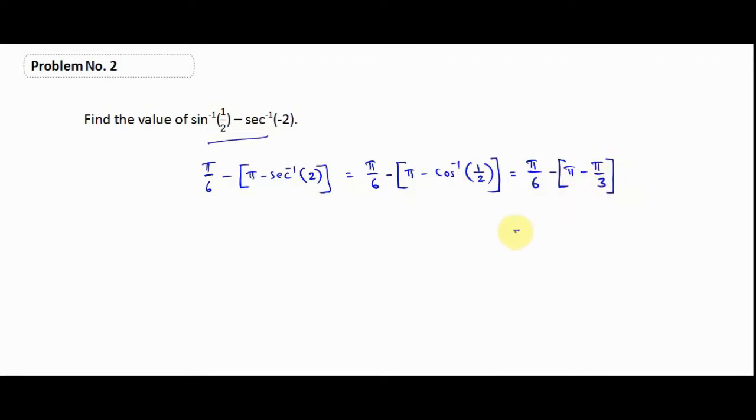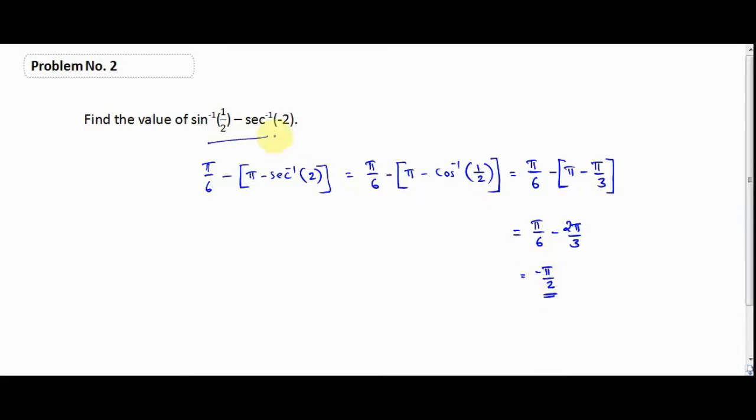So we can simplify it like this: pi by 6 minus, here we have pi minus pi by 3, so that is 2 pi by 3. So we have pi by 6 minus 2 pi by 3, and when we simplify this, we get minus pi by 2. So that's the answer, minus pi by 2.